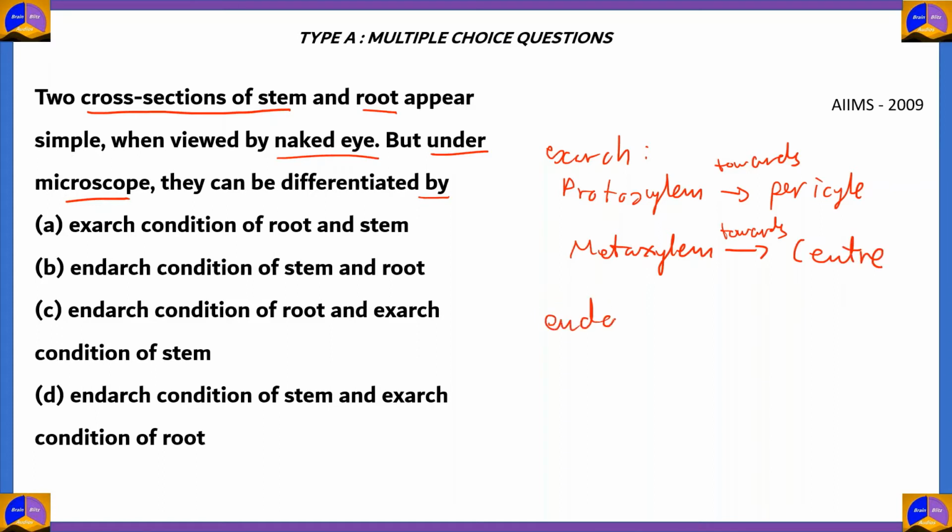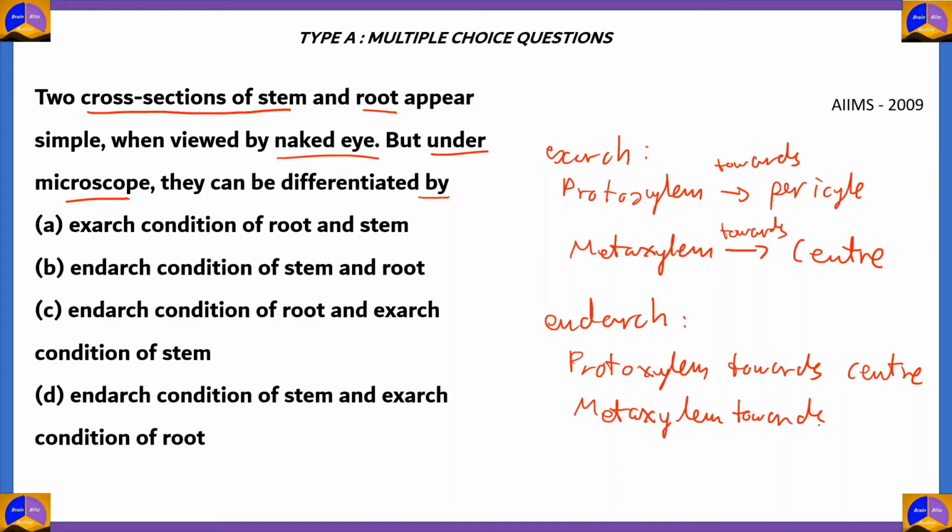In endarch condition, the protoxylem is towards the center, and the metaxylem is towards the pericycle, which is found in the periphery. So these are the meanings of exarch and endarch condition.